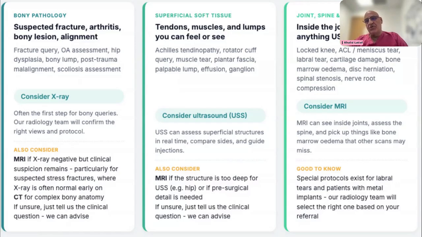Let's take the shoulder, for example. If you do a regular shoulder MR examination, you'll see the rotator cuff and all the soft tissues around that, but you will not really see the glenoid labrum, to which the biceps tendon attaches at the superior labrum. Often with people who dislocate their shoulders, they damage their labrum anteriorly, what we call a Bankart lesion.